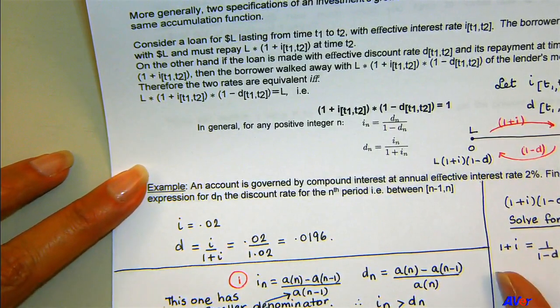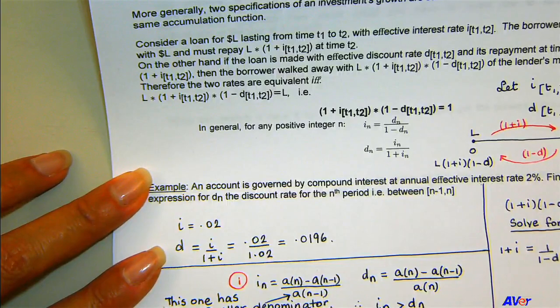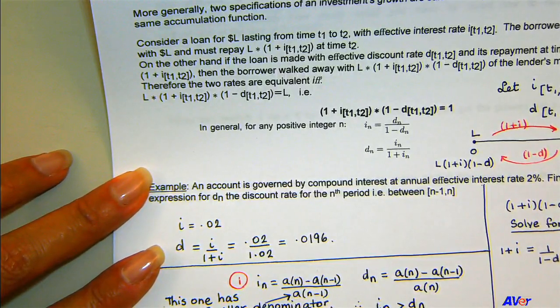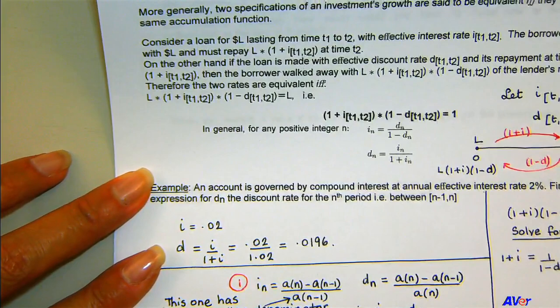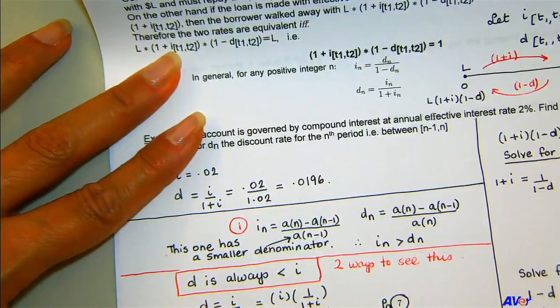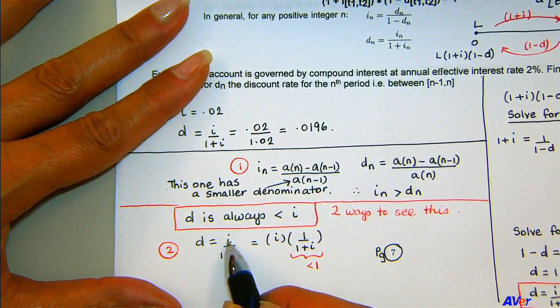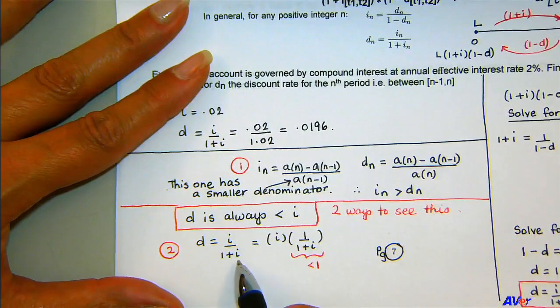And then we went on to say that D is always less than I. There are two ways to see that. I think we talked about one way last time. You can see that because we talked about this last time right here. It says that D is equal to I over 1 plus I. So I rewrite that with the numerator here, and then the denominator written as 1 over 1 plus I, which is a term which is always less than 1.